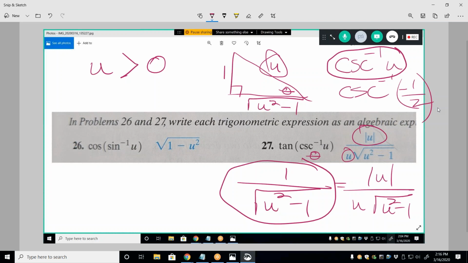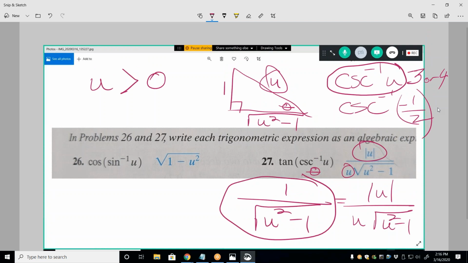If u was negative, that would be in the third or fourth quadrant, correct? Yeah. Because sine is always positive in the first or second. So cosecant is also positive in the first or second. So if u were negative, it would be in the third or fourth.